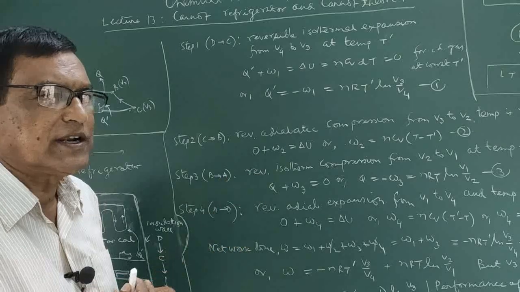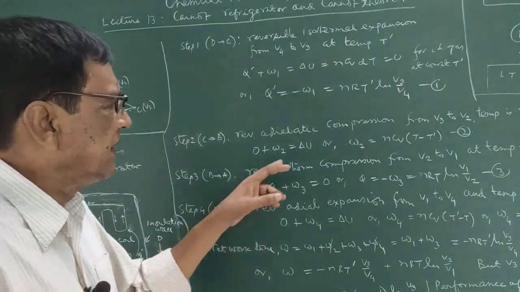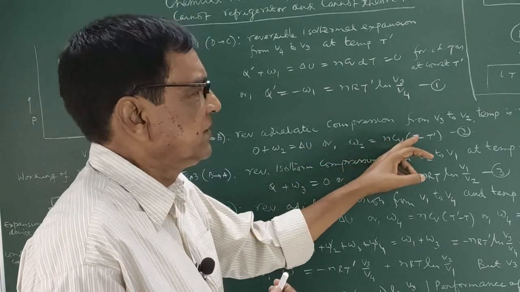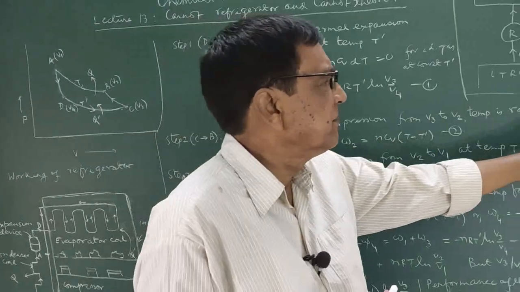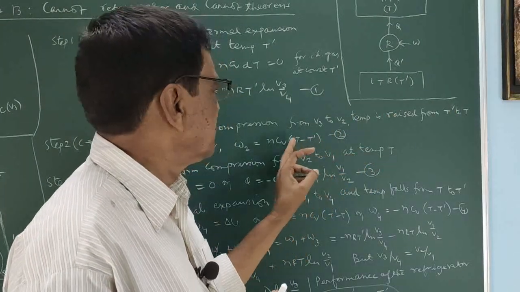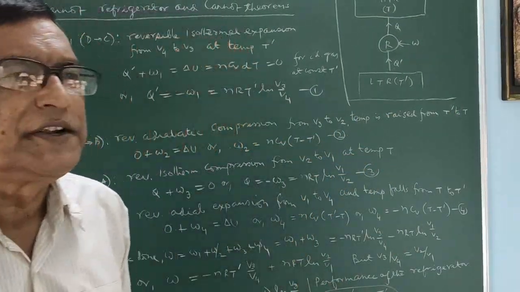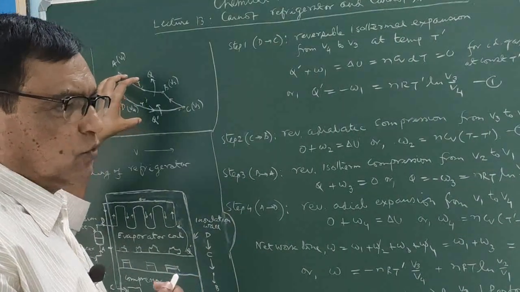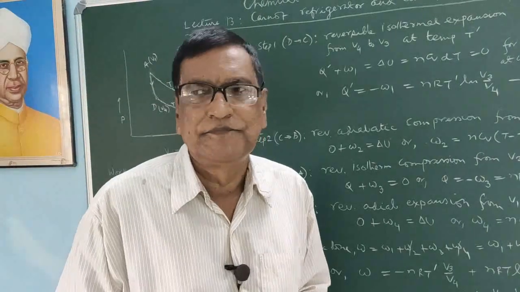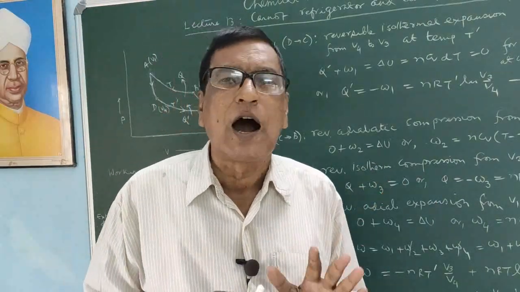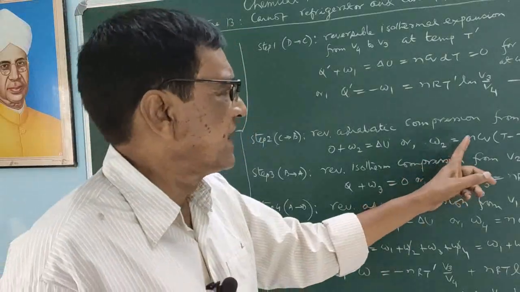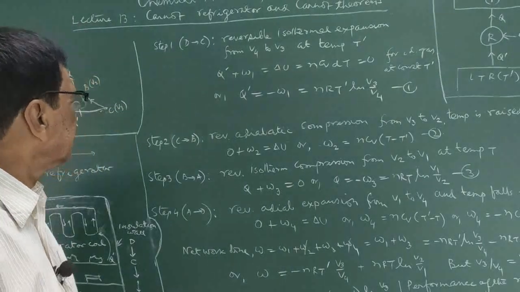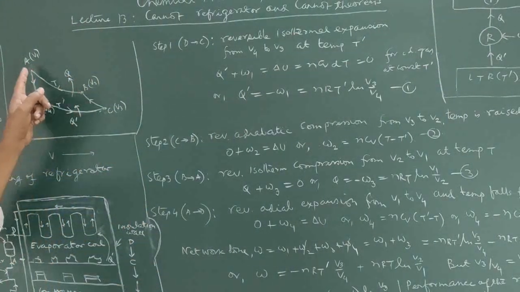W2 is the amount of work done in the second step and equals delta U, so W2 equals nCv (T minus T dash), the final temperature minus the initial temperature, and Cv is the molar heat capacity. Here the working material has been taken as n moles of ideal gas. So it is nCv (T minus T dash), equation number 2. Then the third step, B to A.